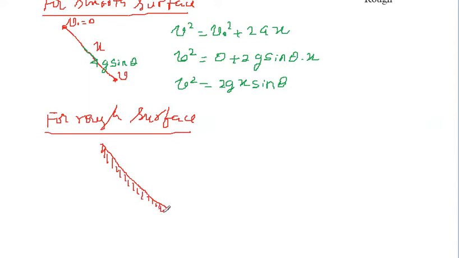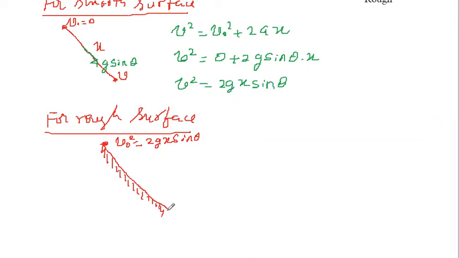In this situation, the initial speed of the particle at this point is Vo, which will be the final velocity of the particle on the smooth surface. That means Vo square will be equals 2gx sine theta, as we got here.